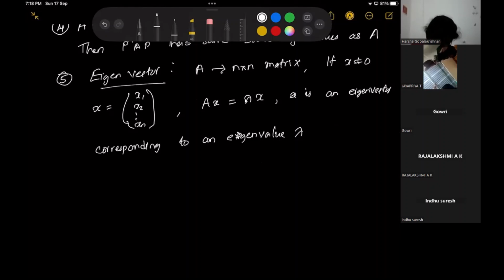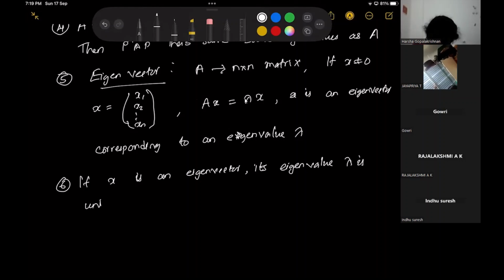Now, if x is an eigenvector, its eigenvalue lambda is unique. What this means is, it is not possible that Ax equal to lambda 1 x and Ax equal to lambda 2 x for lambda 1 not equal to lambda 2.